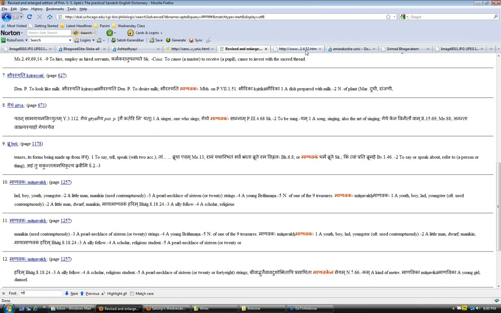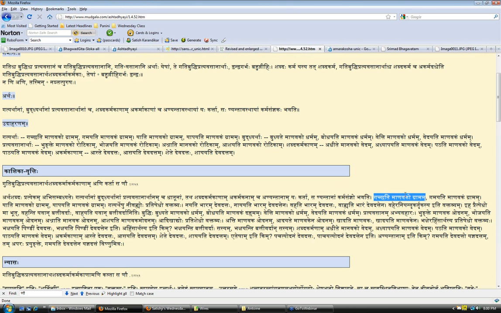So Manavakaha Gramam Gacchati, he goes. But then someone, you can say Adhyapakaha or Guruhu, or Pita, Mata, Pita, Gamayati Manavakam Gramam. So Guruhu, Manavakam Gramam Gamayati.